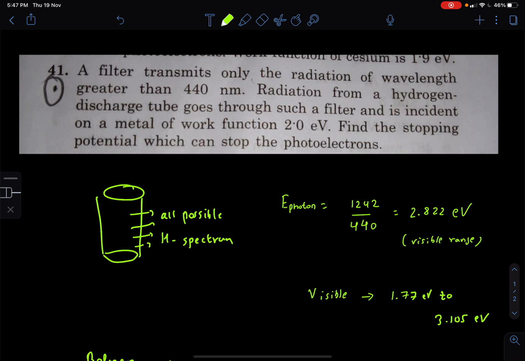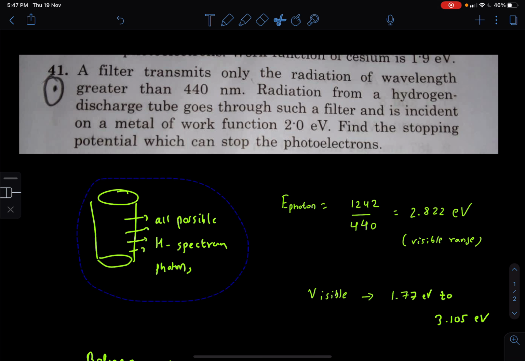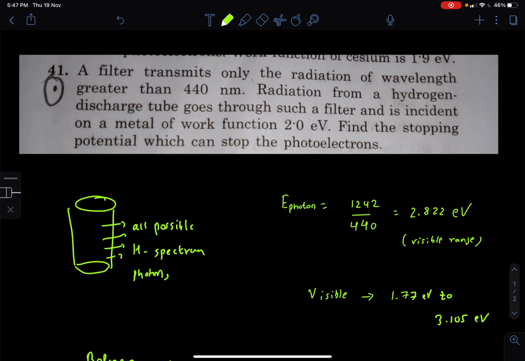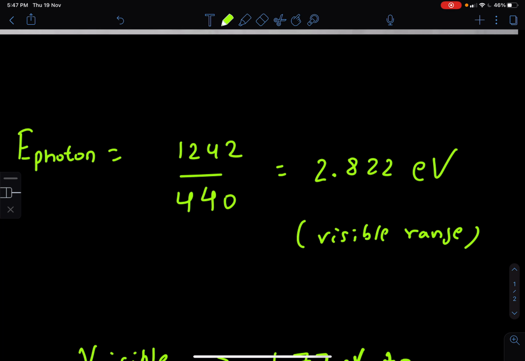Now, out of all possible hydrogen spectrum photons, the thing is that there is a filter, and this filter will not allow all to pass. It will pass photons of wavelength greater than 440. Now, if you put 440 nanometer, you will get that energy of photon is 2.822.